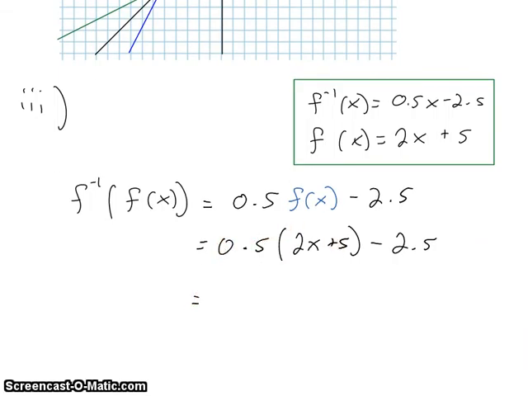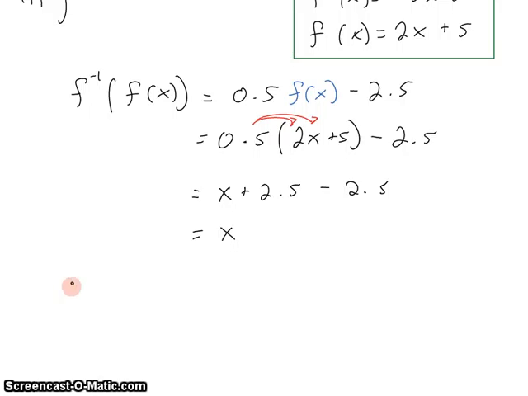We'll distribute the 1/2 into the brackets. So half of 2 is 1. 2 times a half is 1. And a half of 5 is 2.5. We still have the minus 2.5 over here. So x plus 2.5 minus 2.5 is x.